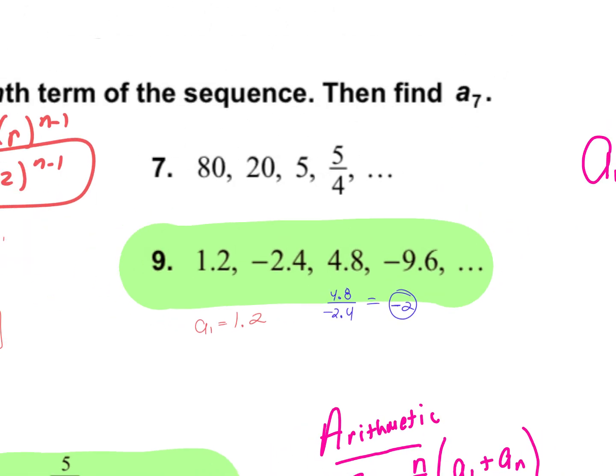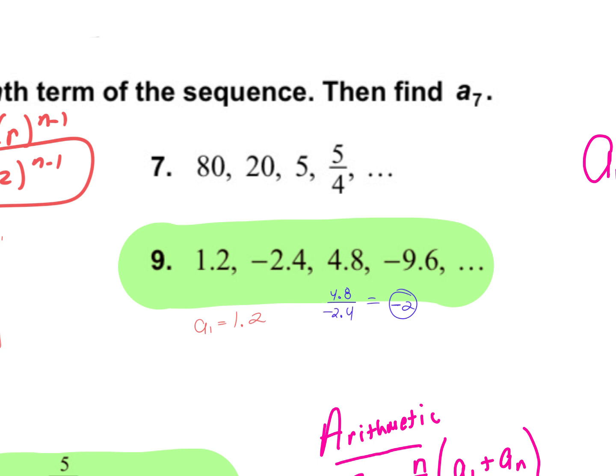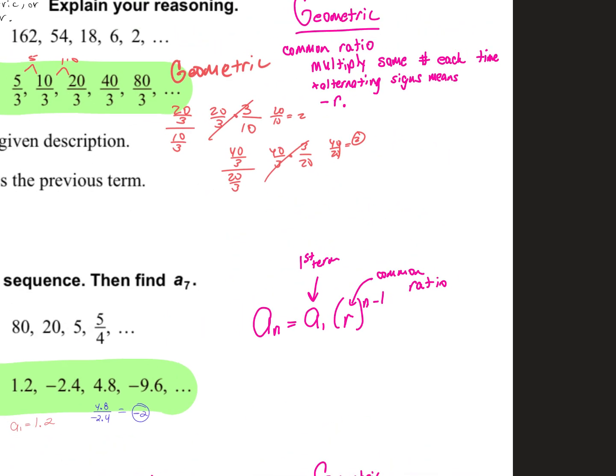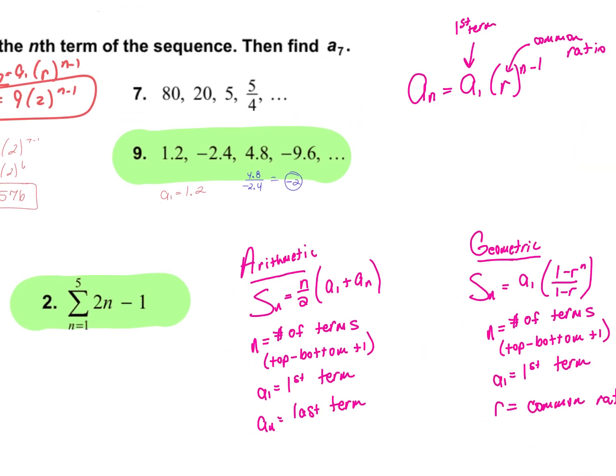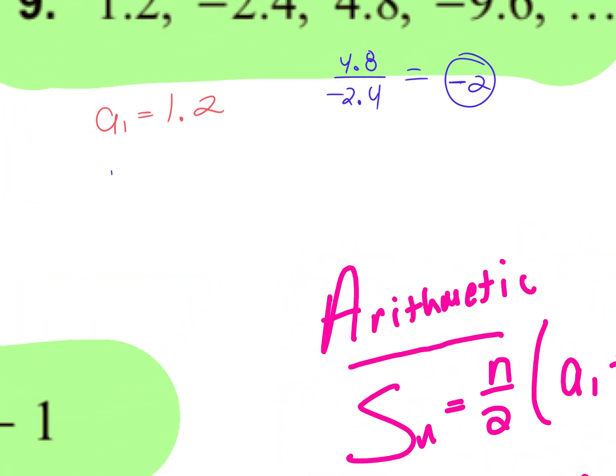How did I know my common ratio was going to be negative when I looked at this? The signs are alternating. I wrote it over here, guys. Alternating signs mean you're multiplying by a negative number. So my common ratio is -2. So my rule is a sub n equals my first term times -2 to the n minus 1.